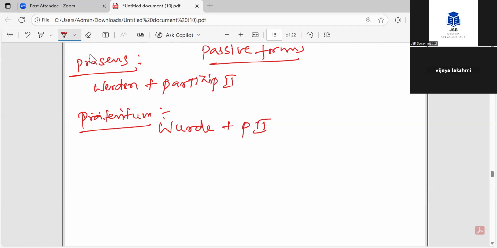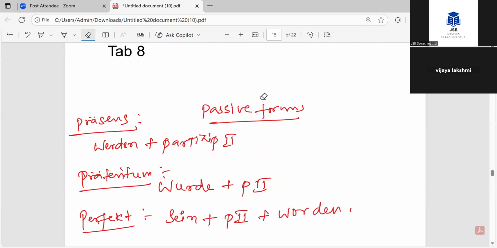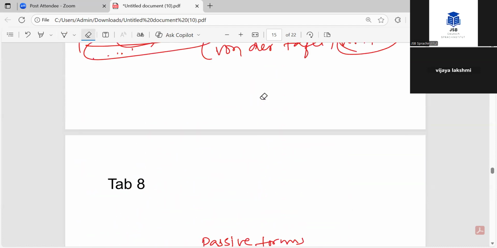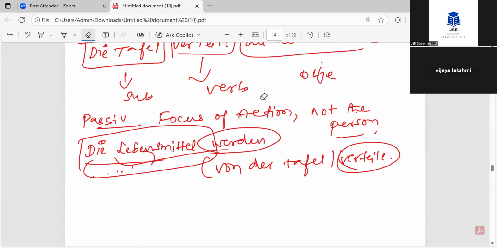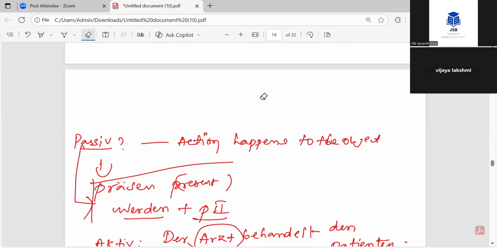Next is the Perfekt. Perfekt: sein plus participle plus worden. In this order, this is only the passive form, we are not using anything else, you just have to know what is passive and how to frame the passive sentence. Clear? So here the passive means actions happen to this object.